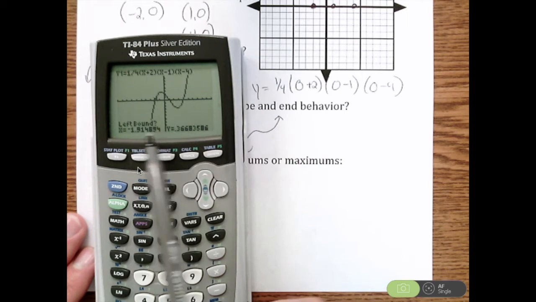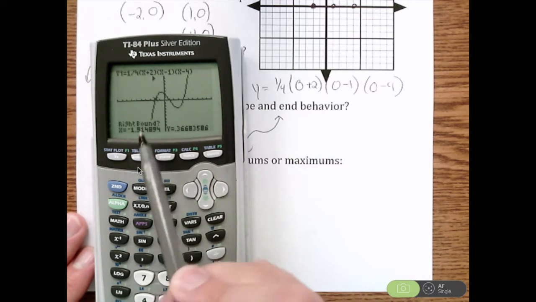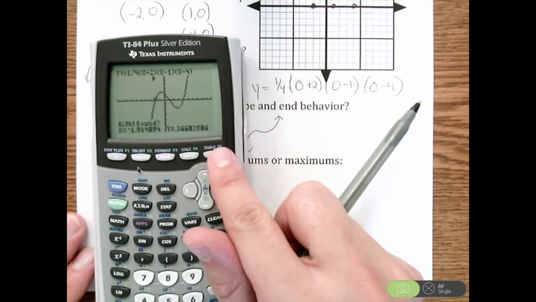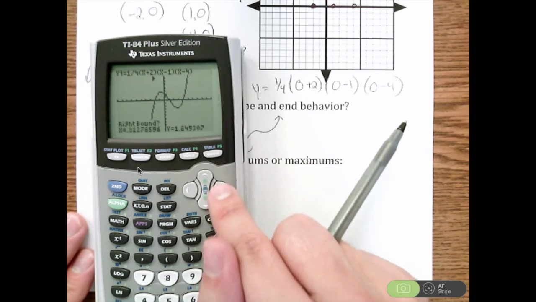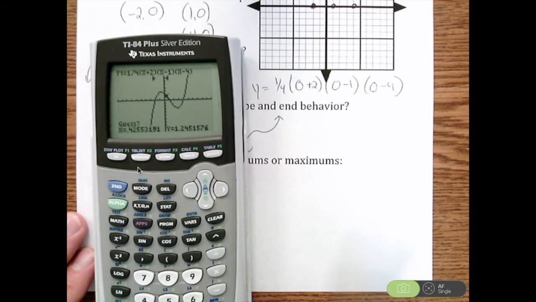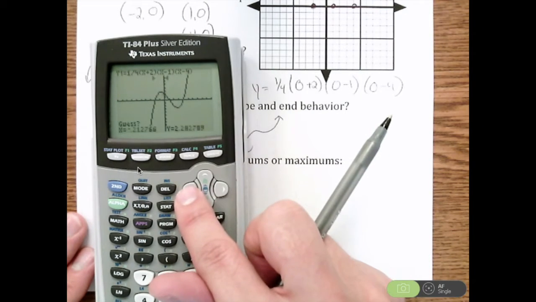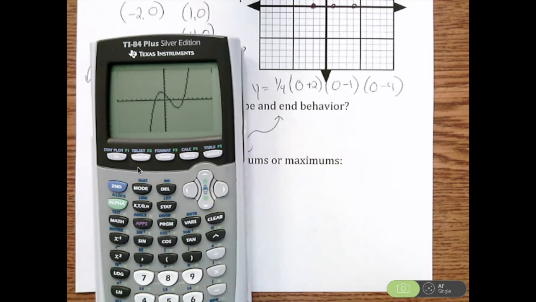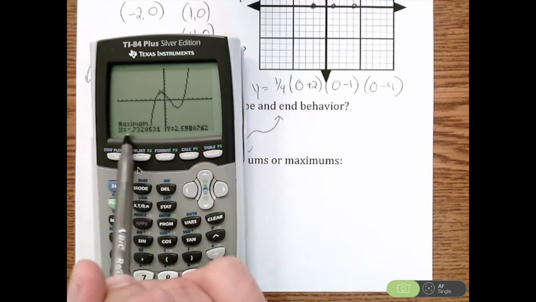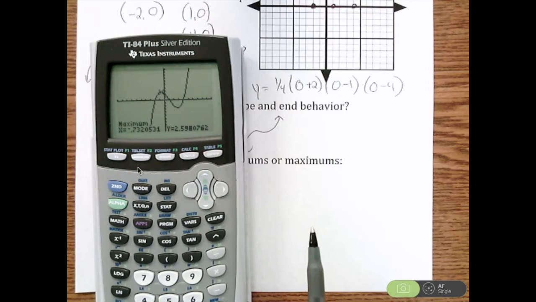So it's asking you, hey, go a little bit to the left, hit enter. And now it's going to ask you, hey, go a little bit to the right. So I'm going to go a little bit to the right of that point I was talking about. We'll go about there, hit enter. And then it wants us to guess the location. So I put my little X crosshair, that's close enough, hit enter.